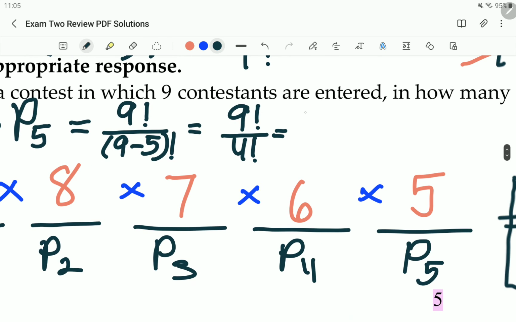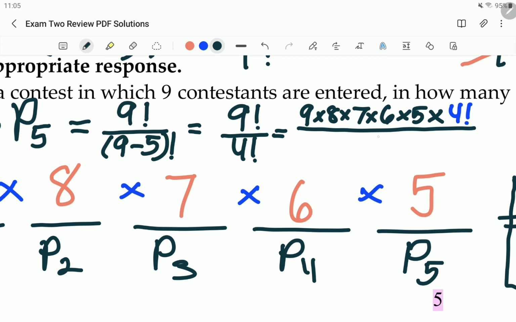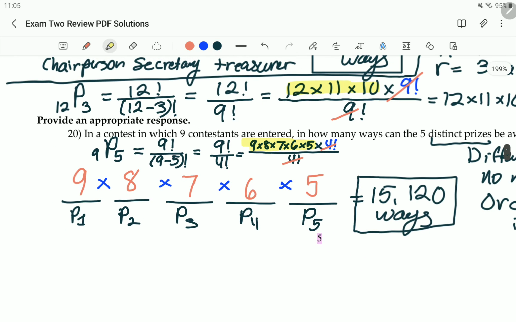And then expand. 9 times 8 times 7 times 6 times 5. Stop here at 4 factorial, because the 4 factorial on the top and bottom will simplify each other out. And we already know what 9 times 8 times 7 times 6 times 5 is equal to. That is equal to this number right here.